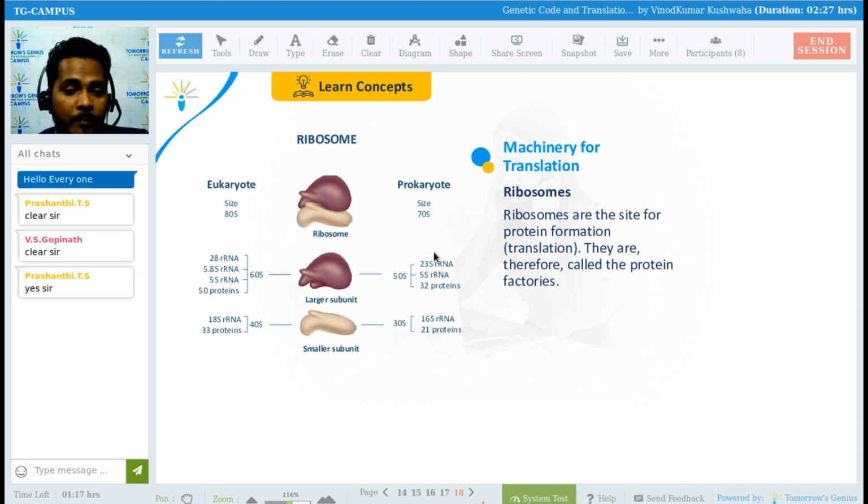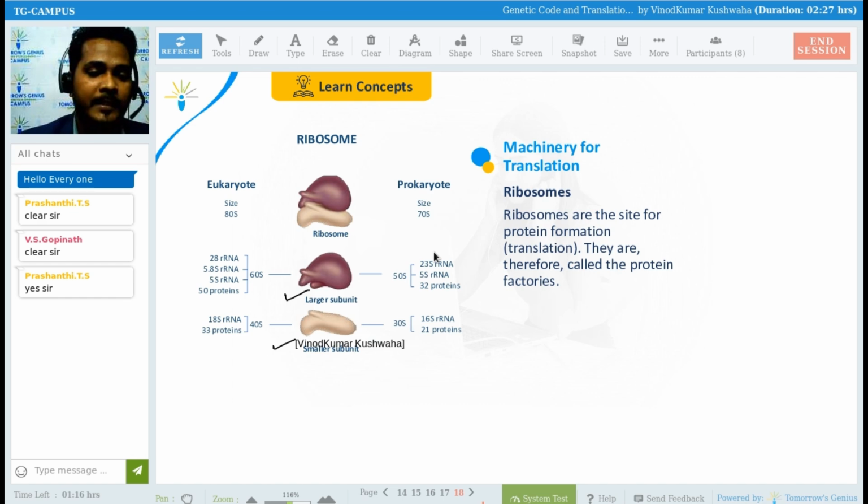You can see here these two unequal parts. One is called the small subunit and the other one is called the large subunit. Can you see here the small and the large subunit? Yes. Here you can see in this diagram, this is the large subunit and this is the smaller subunit. Larger means it's a little bigger in size and small means a little smaller in size. That is the difference between the large and the small subunits.